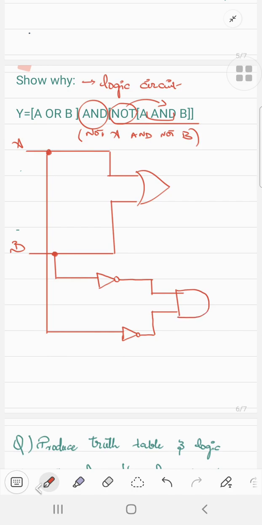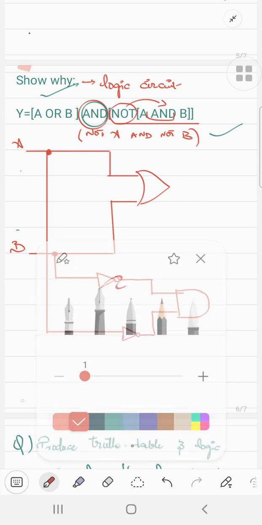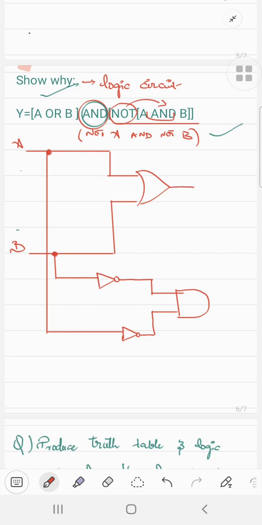Now we will come to the final gate, which is the AND gate. Okay, now we will be drawing the AND gate because we are done with this bracket and we are done with this bracket. The only thing that is left is the AND gate. Let's draw it. We will combine this gate and we will be combining this gate.